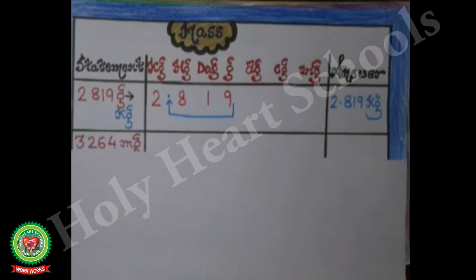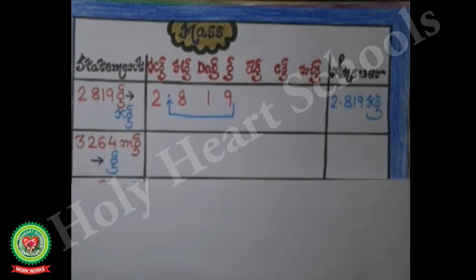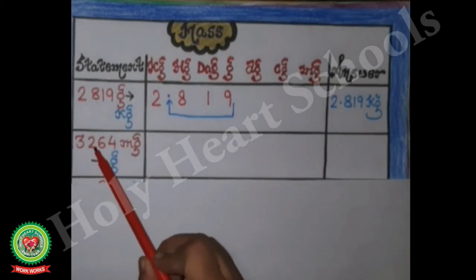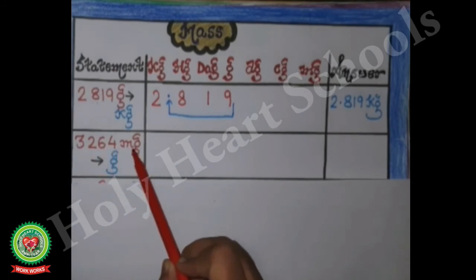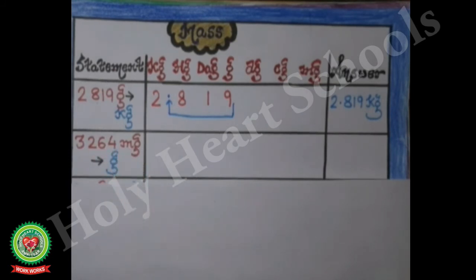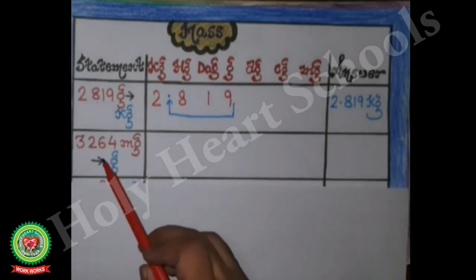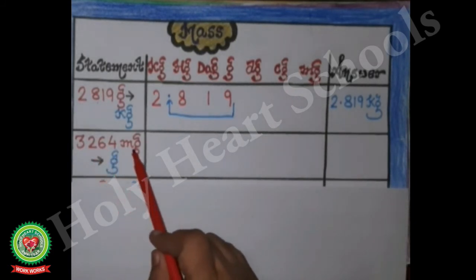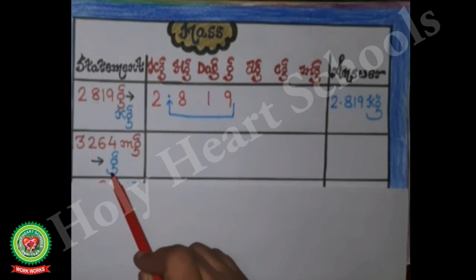Let's take second example. 3,264 milligrams, and convert it into grams. Now, the statement is given in milligrams and we have to convert it into grams.